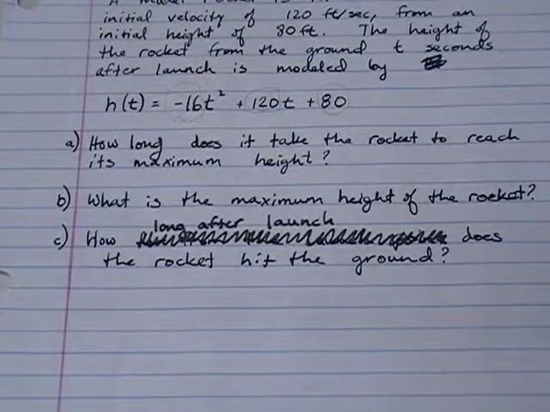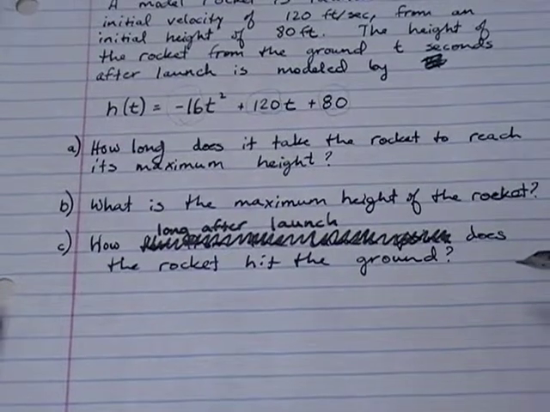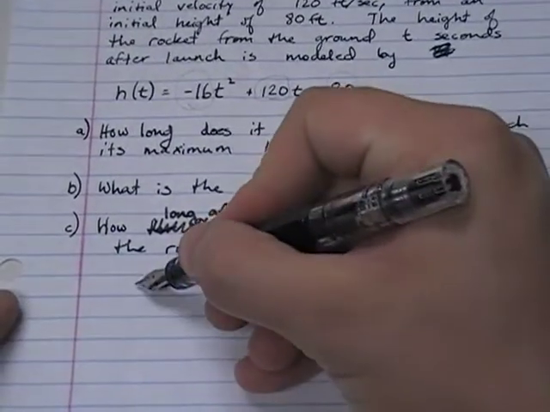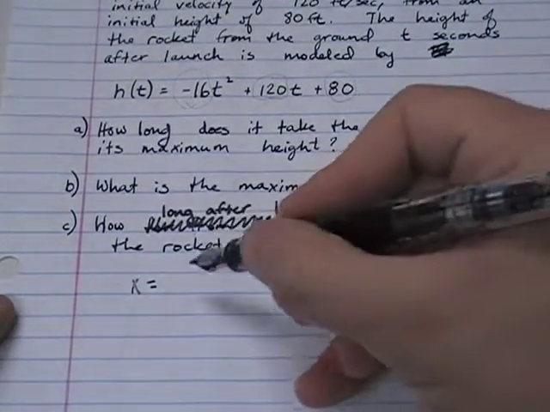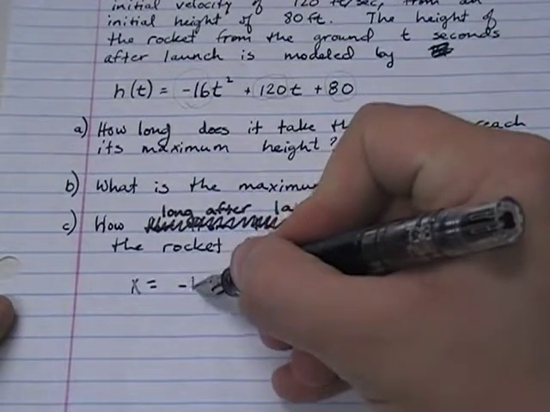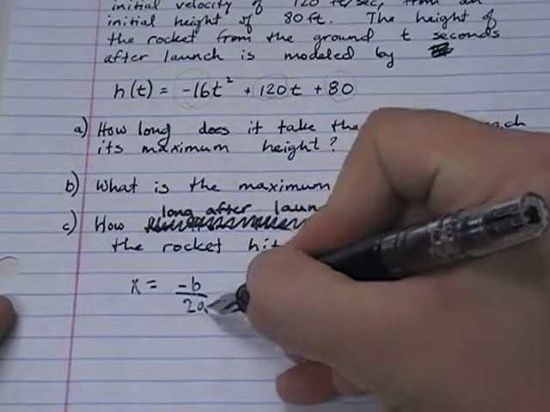So how long does it take the rocket to reach its maximum height? We are looking for the x-coordinate of the vertex. The x-coordinate of the vertex for a polynomial in expanded form is always going to be negative b over 2a.